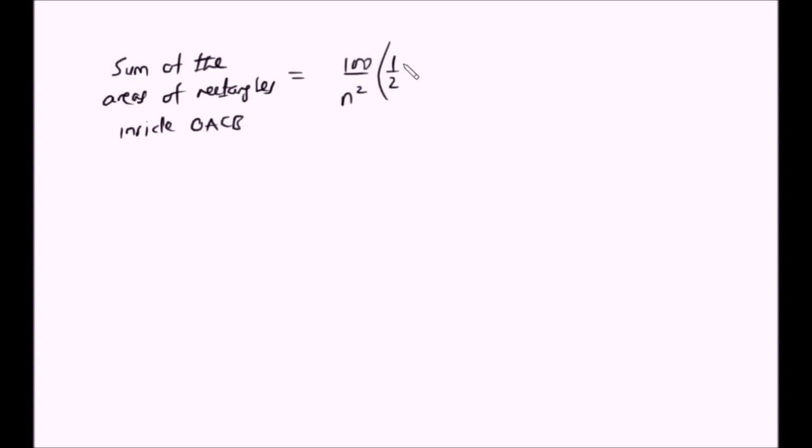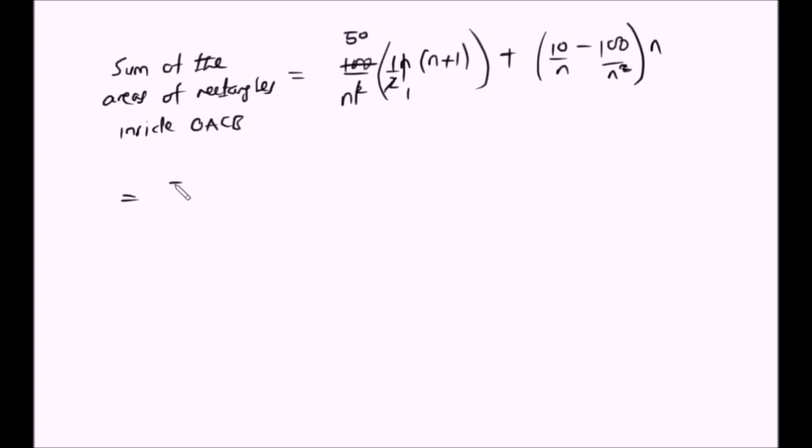So tuna ile 1 over 2n times n plus 1 plus hapa tuna 10 over n minus 100 over n squared times n. So let's simplify that one now. n kwenda 250. So hapa tunabaki na 50 over n times n plus 1.